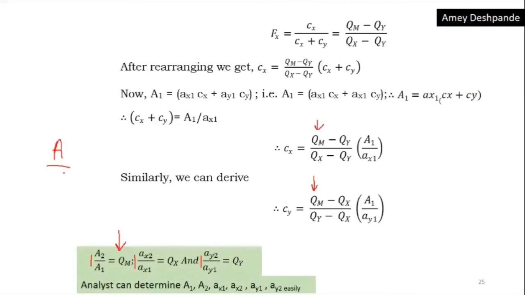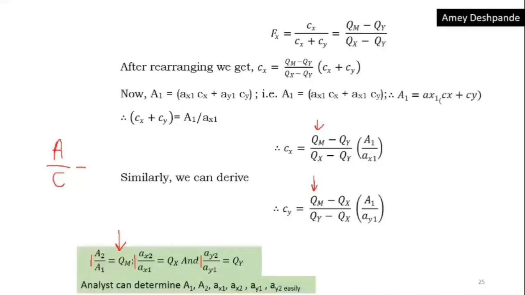Absorbance divided by concentration gives you the absorptivity of X. So you determine Ax1 and Ax2. When you have Ax2 and Ax1 values, you can determine Qx. If you have Qx, you can substitute that Qx at these two positions.